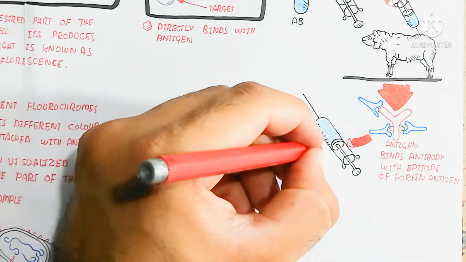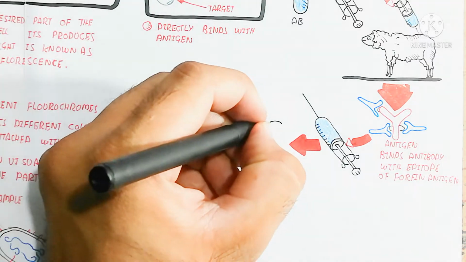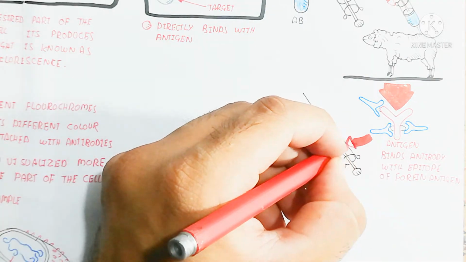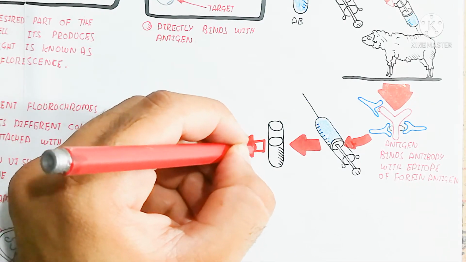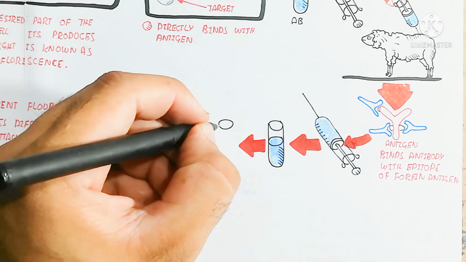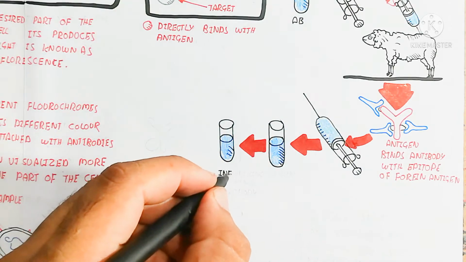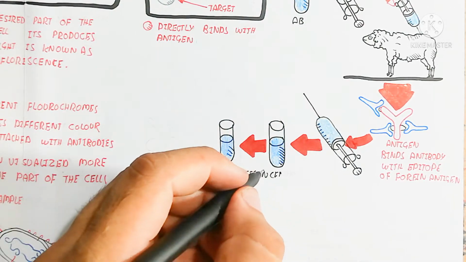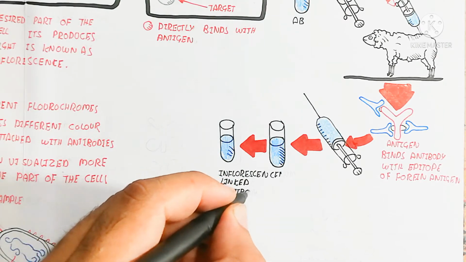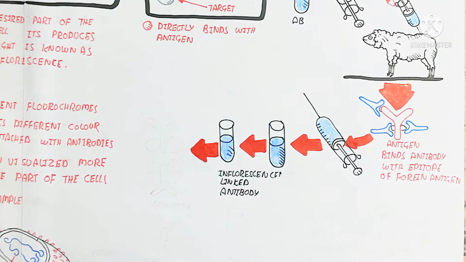These are known as secondary antibodies. We take out this sample, and a fluorescent-linked antibody binds with the secondary antibodies, so we can detect them. The non-fluorescent linked antibody is the primary antibody.